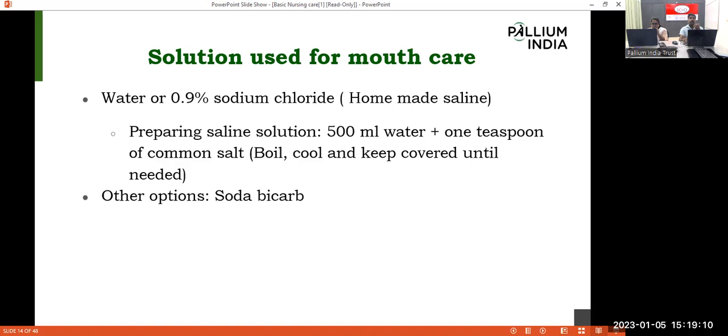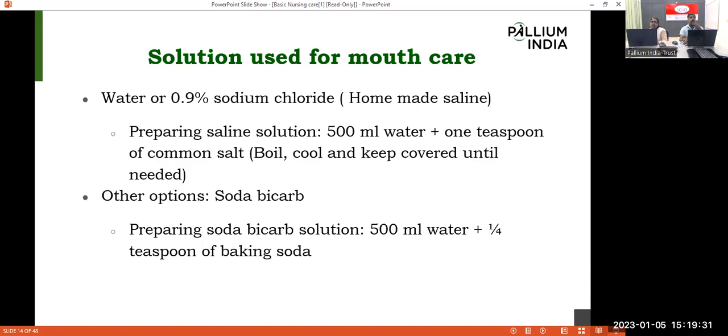If the patient is able to gargle, we can give this solution to the patient for oral rinsing and gargling. Suppose the patient is bed bound, we need to give the care, so we can use this solution and give the oral care for the patient.